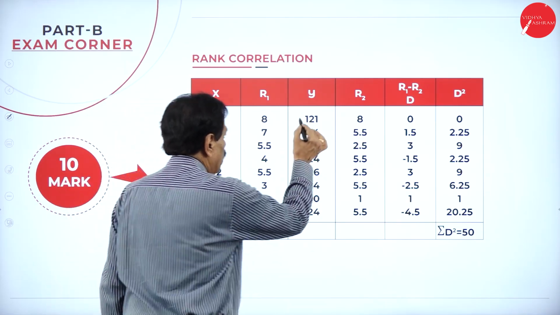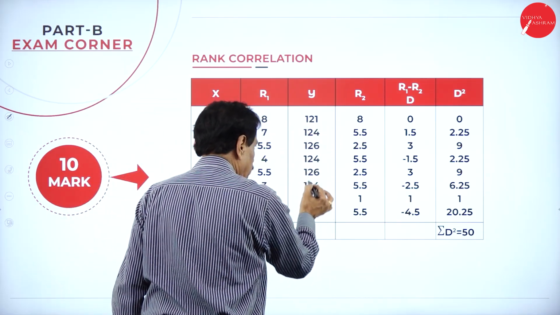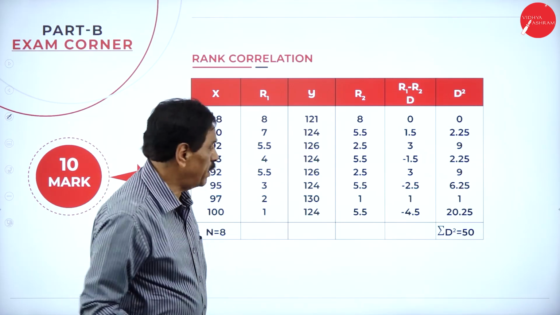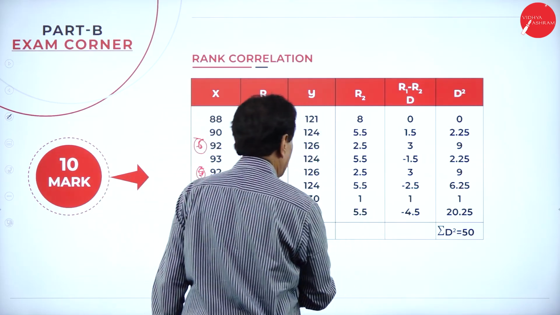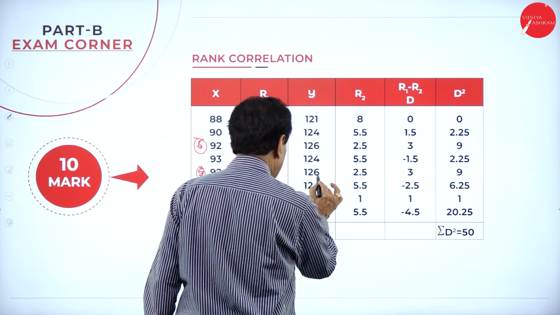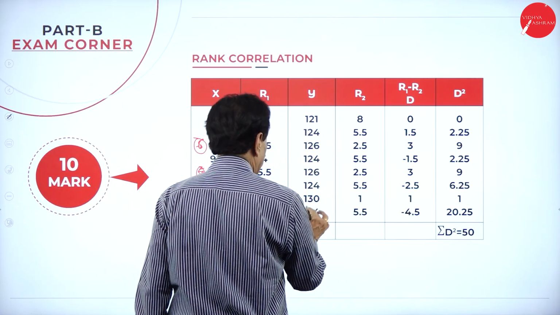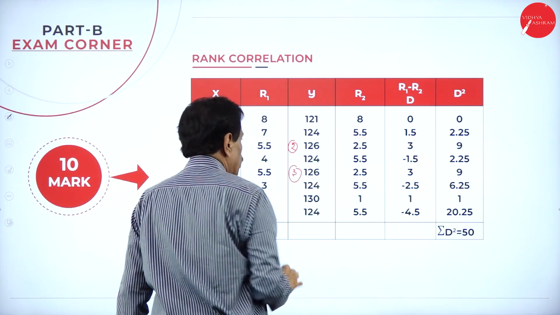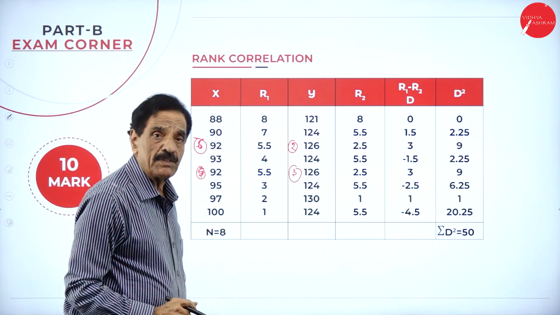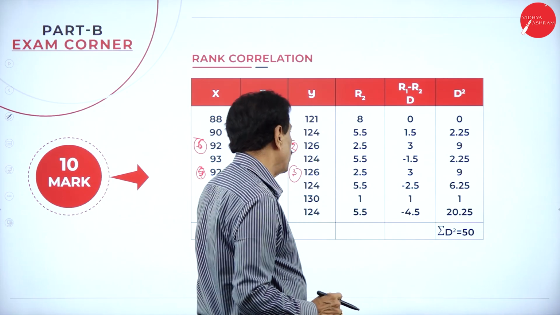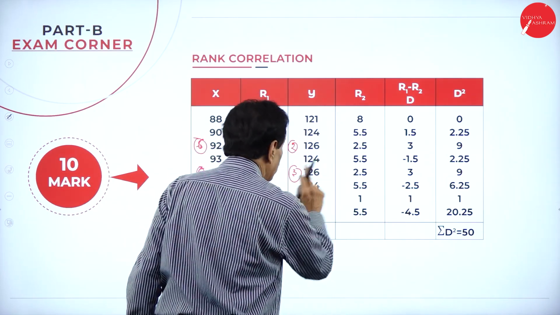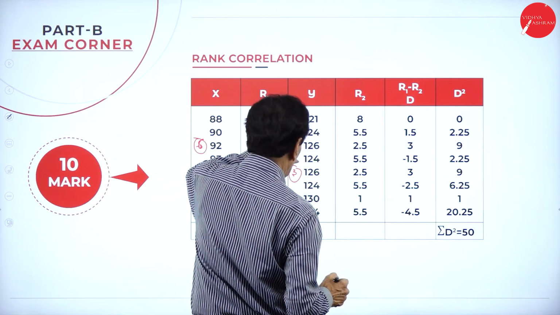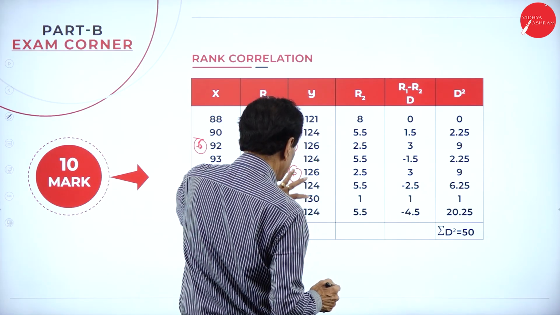Then 90 is the seventh and 88 is the eighth. Then Y: 121, 124, 126. Which is the highest one? 130 is the first rank. Then 126 here, and here also 126, will take ranks 2 and 3. 3 plus 2 is 5, divided by 2 is 2.5, 2.5. 2 and 3 are over. Next, 124 takes ranks 4, 5, 6, 7.